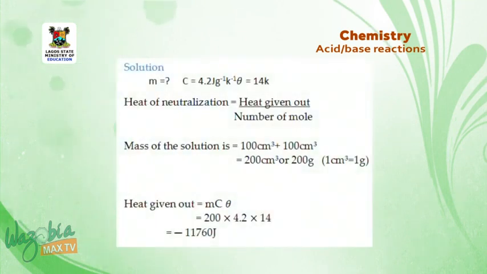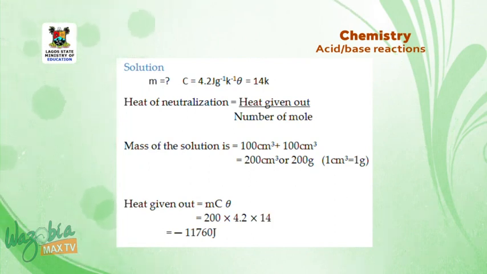From the question, the mass of the solution was not given. The specific heat capacity is given as 4.2 joule per gram per Kelvin, and temperature rise θ is given as 14 Kelvin. Heat of neutralization is equal to heat given out over number of moles.